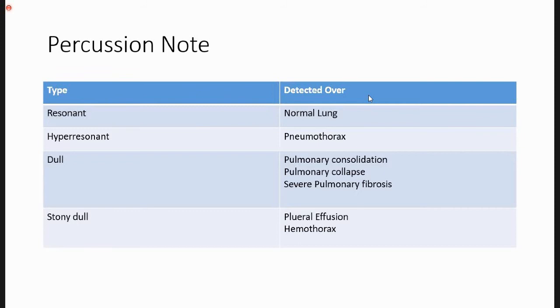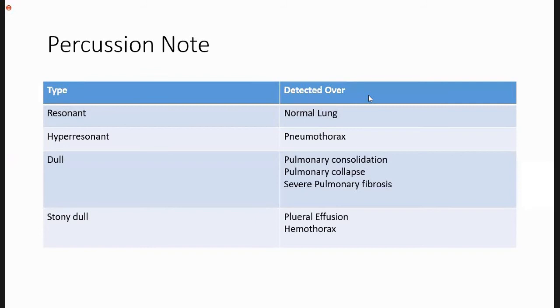The more examinations you do on a normal person, the more you will be used to hearing the normal sounds. What is the normal vesicular breathing? What is the normal lung resonant sound, percussion note? So you can make out when you start picking up on the disease patterns in the hospital setting when you come back for your clinical rotations.